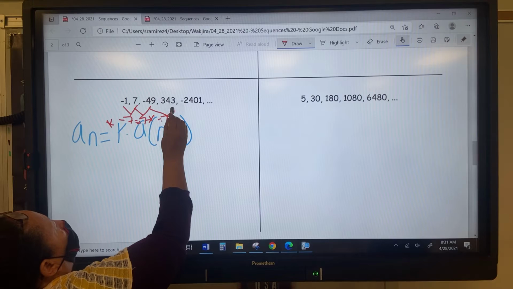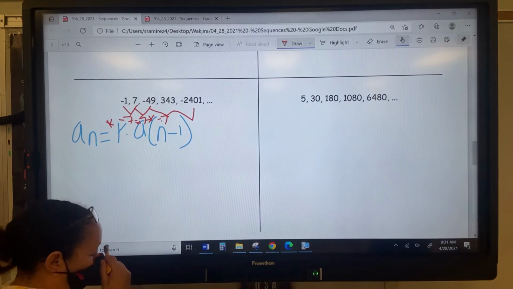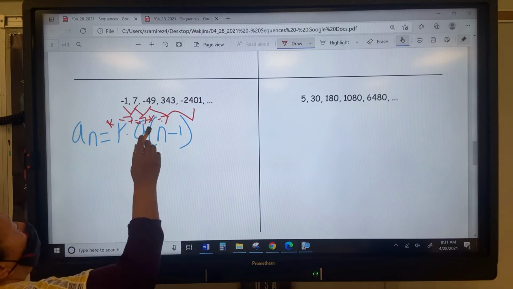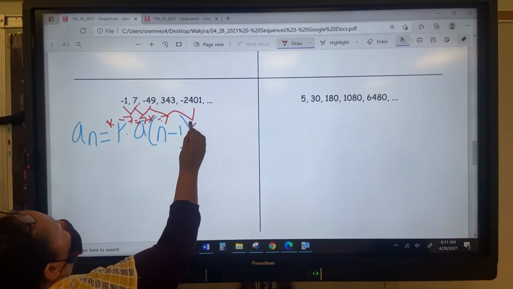Then from 343 to go to negative 2401, we multiply that again by negative 7.